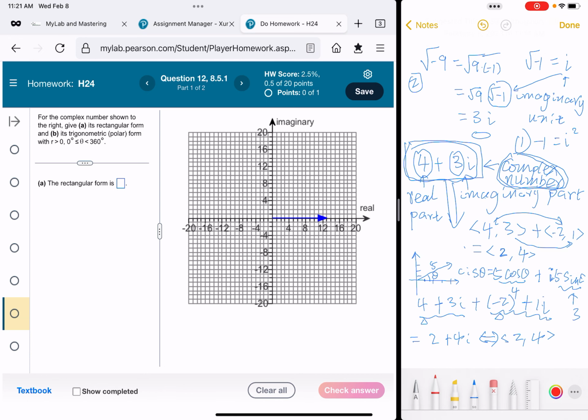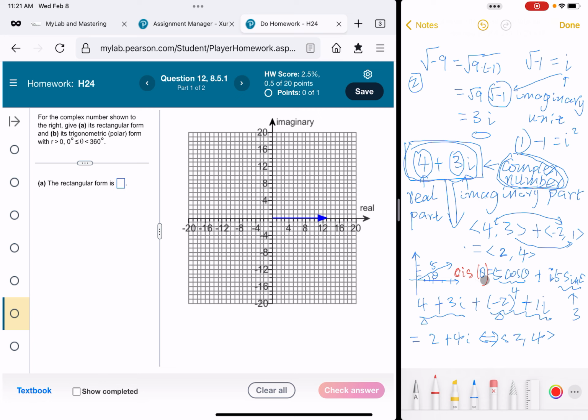To make it more clear, let me erase this one and add a parenthesis here. And then cis. Again, first letter c for cosine, i for imaginary, and then the first letter of sine.